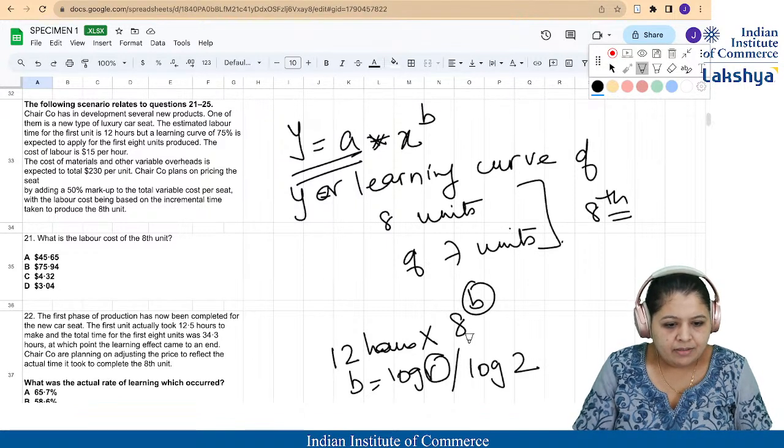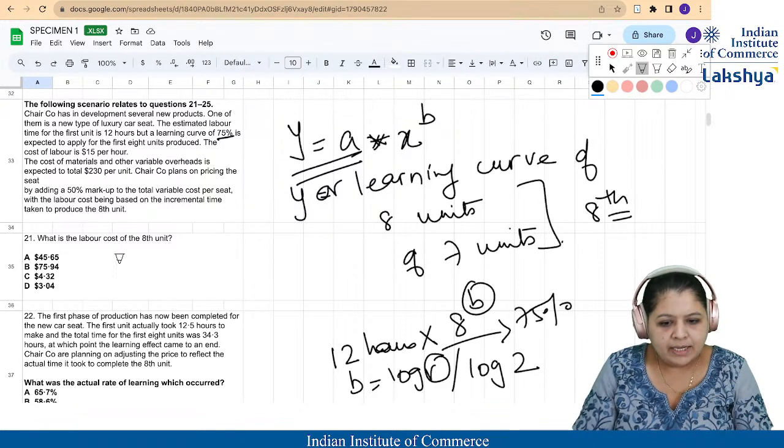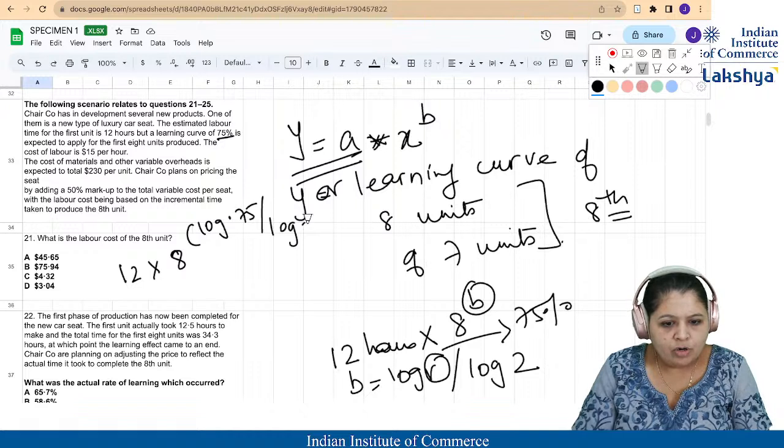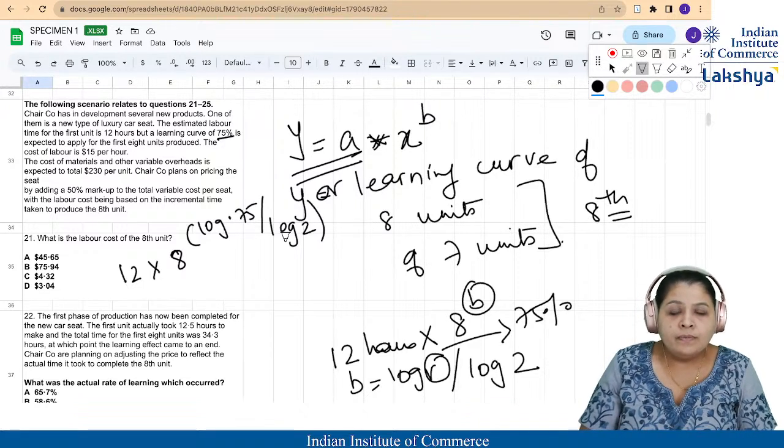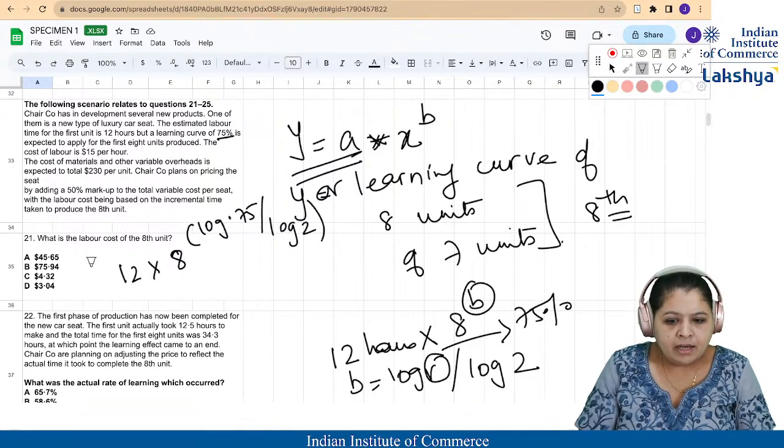R is your learning curve, which is 75%, right? So your total formula looks like 12 into 8 raised to log 0.75 divided by log 2, and this is how you will find out your labor cost.